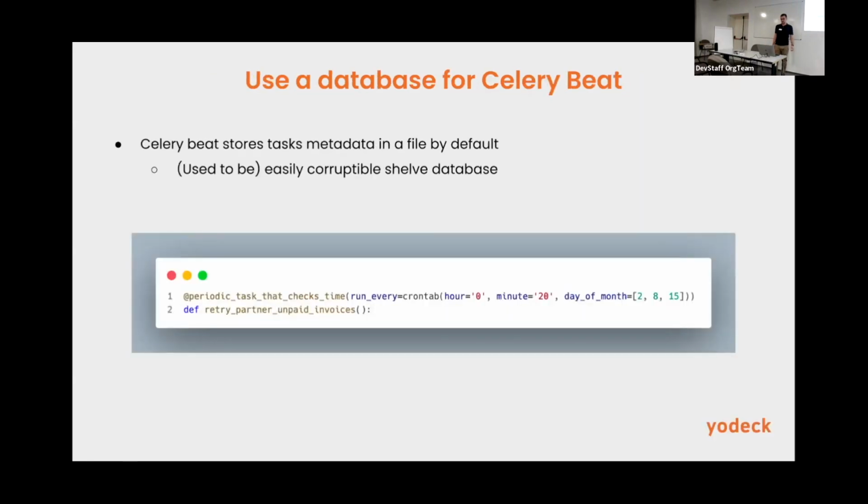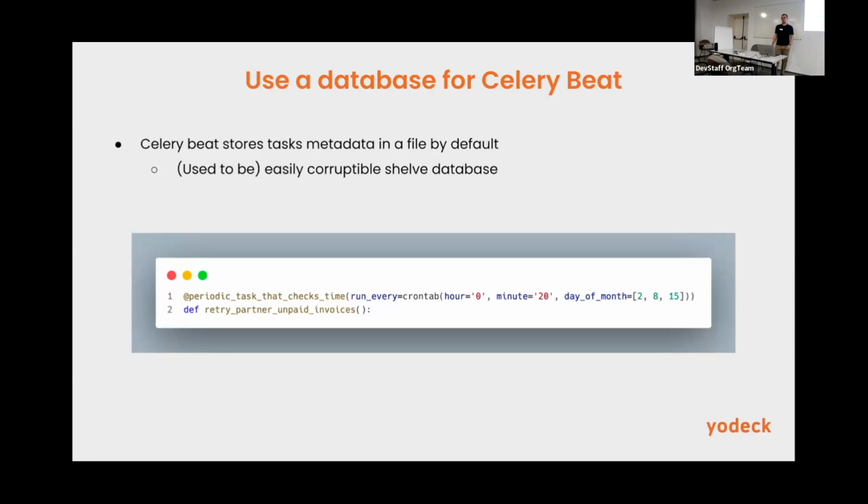After that, Celerybeat. Celerybeat is, as I said, a scheduler for Celery. It stores a schedule of tasks that will need to run periodically, and for example, it has a crontab-like syntax. And we have a task for retrying some unpaid invoices every 2nd, 8th, and 15th of the month.